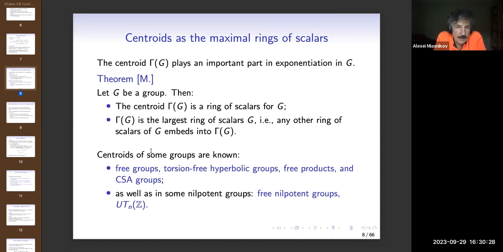Centroids were computed for some groups, for example free groups, torsion free groups, and so on. In general, for CSA groups, where a group is CSA if every maximal abelian subgroup is malnormal, it's difficult to believe, but these groups have quite large centroids.